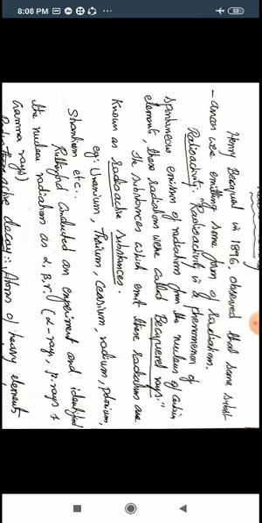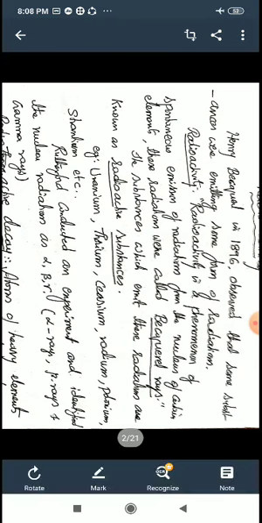Radioactivity is a phenomenon of spontaneous emission of radiations from the nucleus of certain elements. These radiations were called Becquerel rays. The substances which emit these radiations are known as radioactive substances.